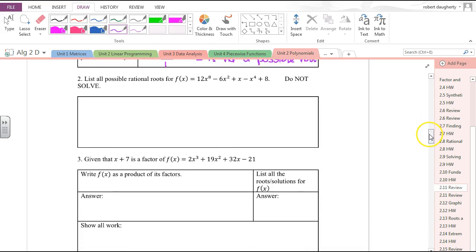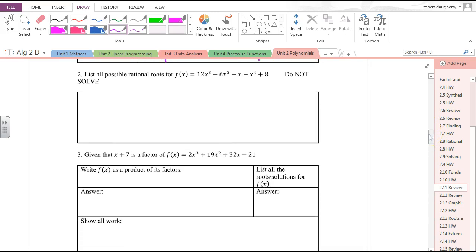Continuing on, list all possible rational roots for this polynomial. So it is going to be plus or minus the factors of 8 divided by the factors of 12.